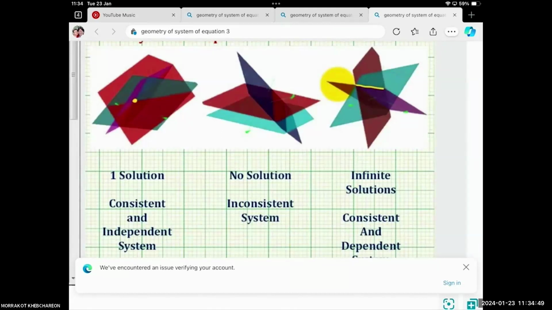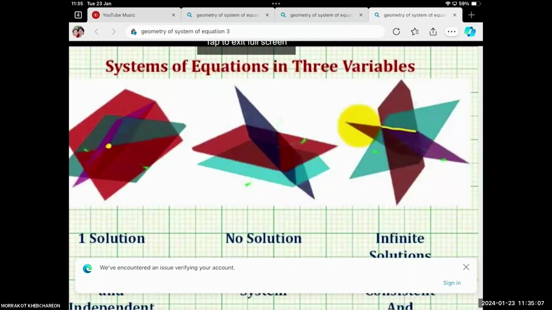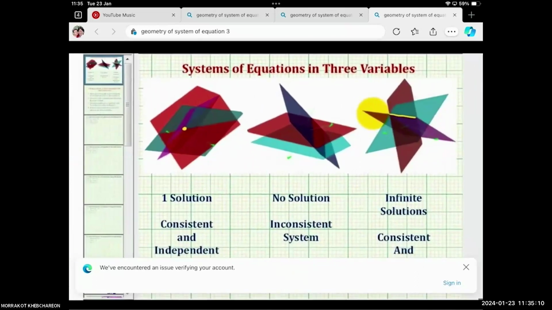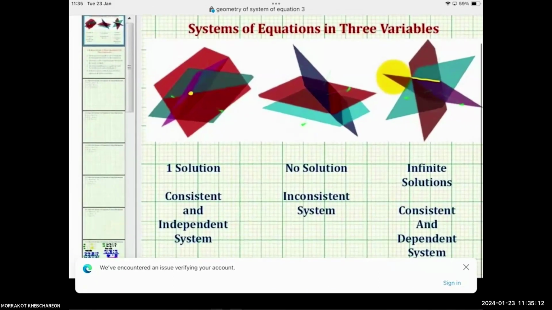You can see 3 equations and 3 unknowns. It can be represented by planes, okay? Each plane represents each equation. If those 3 planes intersect at one point, the one on the corner with the yellow dot there, it's called the solution of these 3 equations. 3 planes intersect at one point. So you have a unique solution, 1 solution.